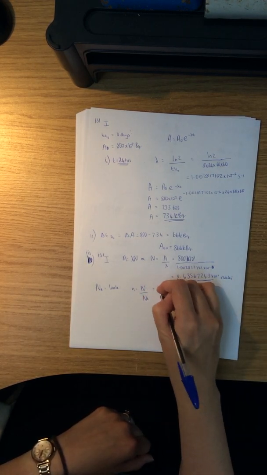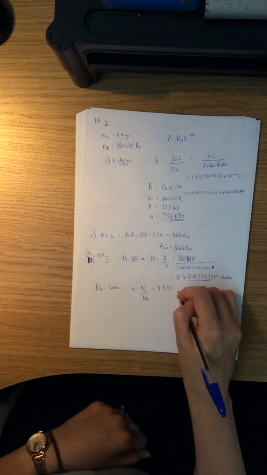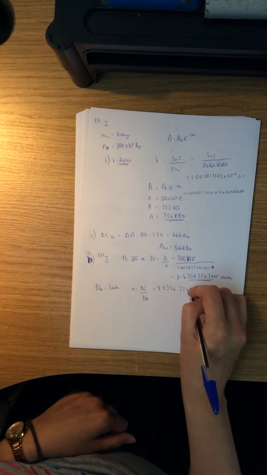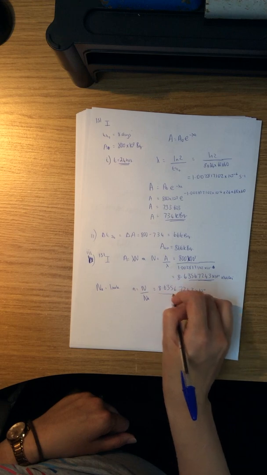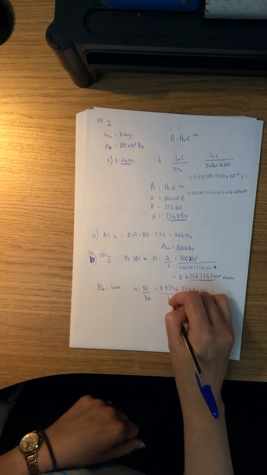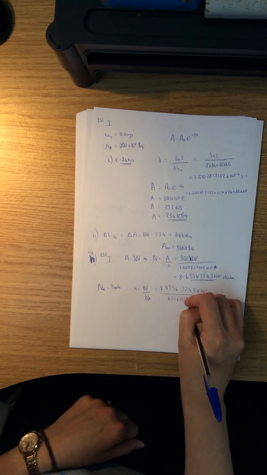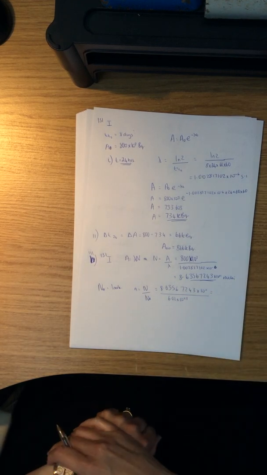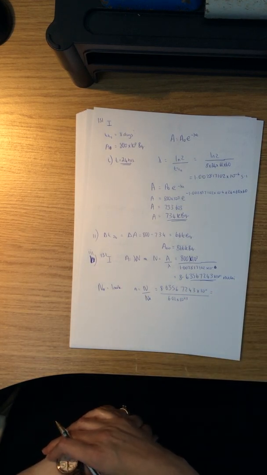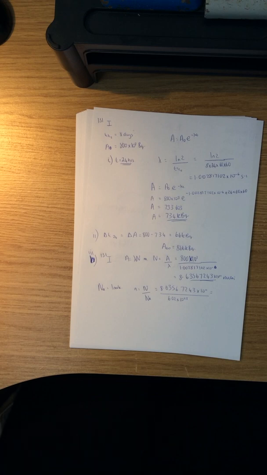So the number of molecules we've got is this, which we've just figured out. And if we divide that by Avogadro's number, which is 6.02 times 10 to the 23, that will give us the number of moles. I've not done it, so let me just do that calculation.